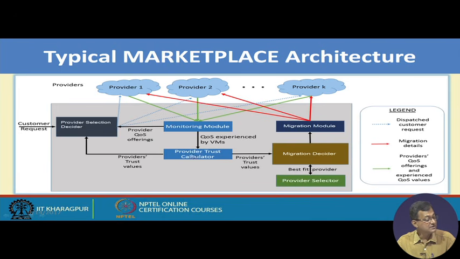Based on this provider trust calculation, this goes as input to the migration decider, and this migration module keeps track of which providers are there, what their loading capacity is and so on, and based on those it decides which providers need to be selected. So, it goes to provider selection, right.